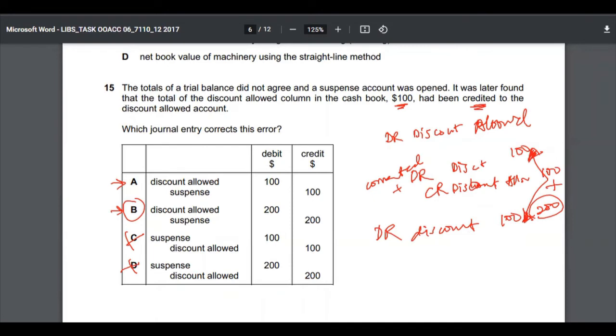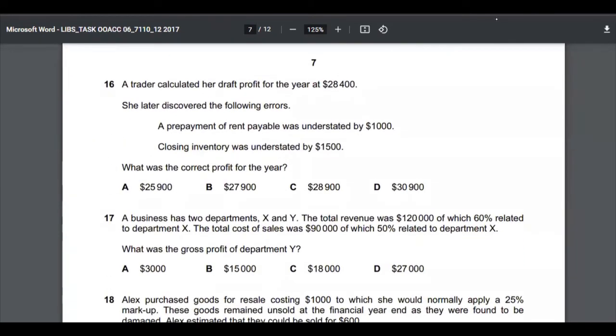Let's look at multiple choice 16. A trader calculated her draft profit for the year at 28,400. She later discovered the following errors: a prepayment of rent payable was understated by $1,000, and closing inventory was understated by $1,500. What is the correct profit?